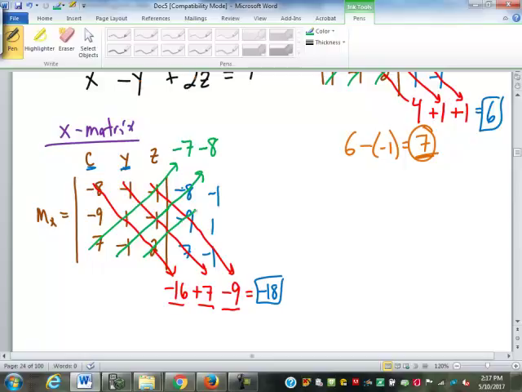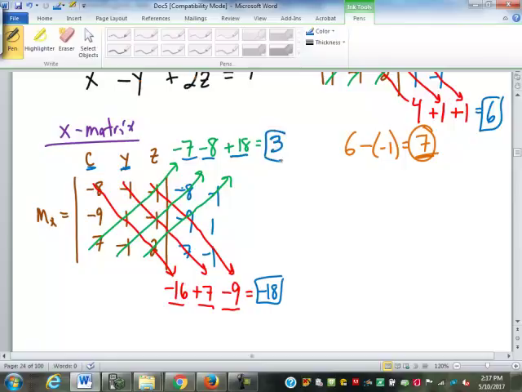2 times negative 9? Negative 18. Negative 18 times negative 1? Positive 18. Perfect. Now I have the negative 7 plus negative 8 plus a positive 18. Three.